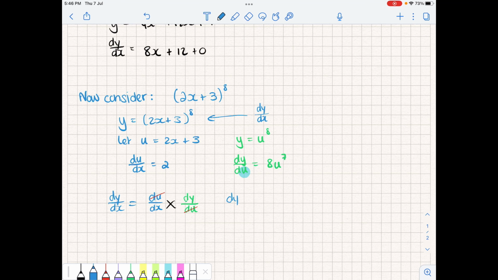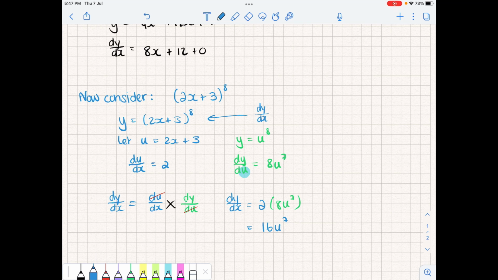We're going to go dy on dx is equal to, well, du on dx is 2, and dy on du was this 8u to the power of 7. So we're going to simplify this expression and get 16u to the power of 7.